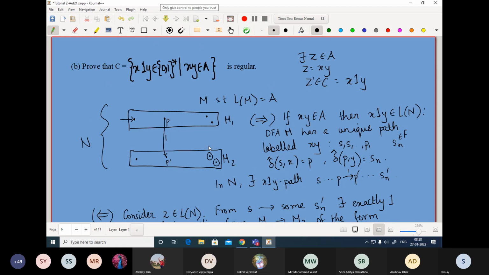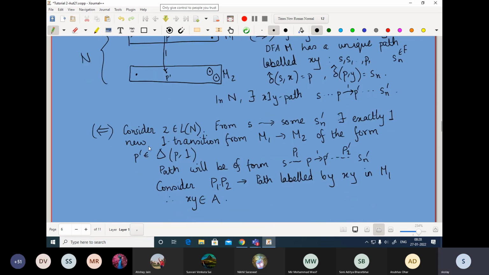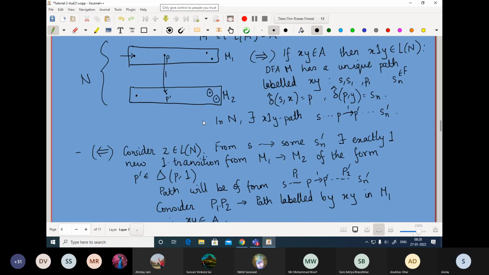Ma'am, can you explain the reverse direction once again? So this direction? Yes, ma'am. Yeah. So what is being discussed here is that you consider any string that is being accepted, any string that belongs to L of N. So any string that is being accepted in N must be starting at the start state and ending in some final state.